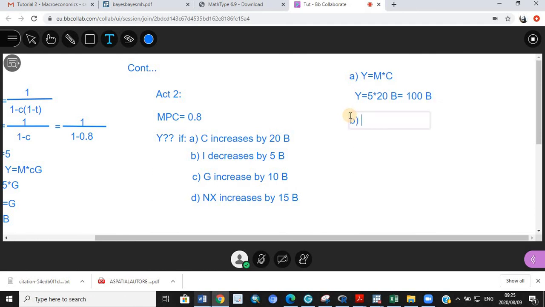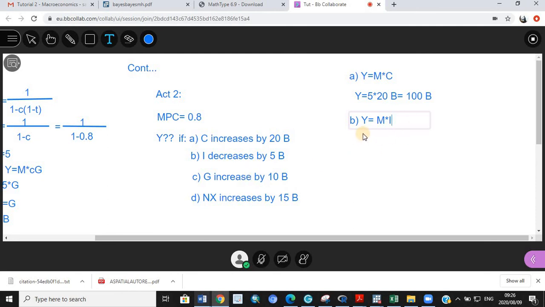B, what happens if investment decreases by 5 billion? Again the multiplier is the same, it is 5. Y is going to be equal to M multiplied by the change in I. This I and this C and all of the other variables are autonomous.